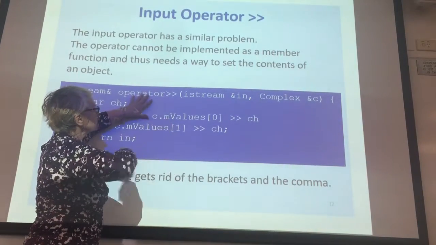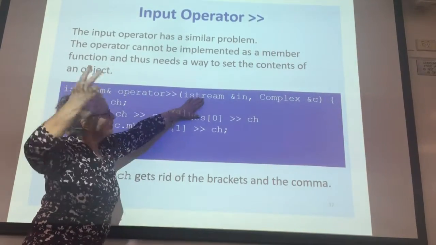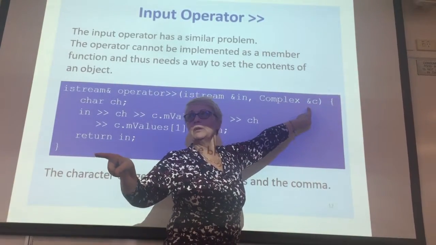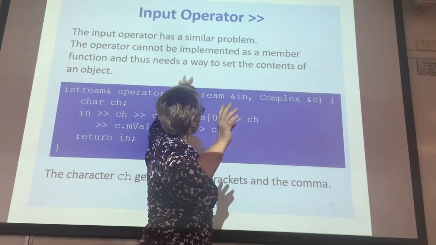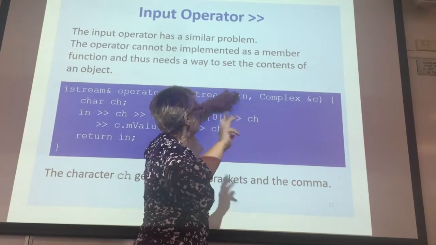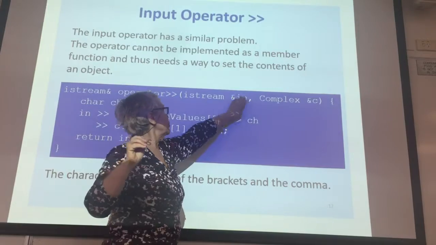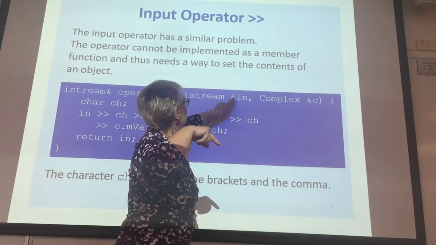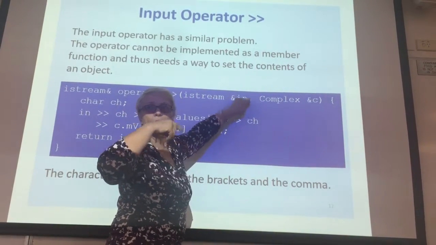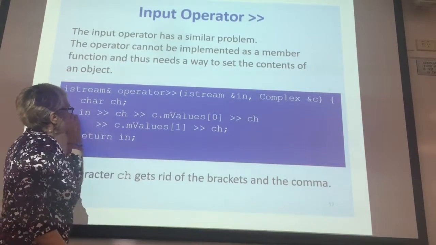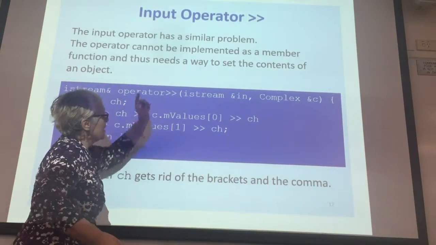And then the parameters are in general two types only. The first parameter is related to the input stream. So it's input stream by reference, because we are going to change the input stream as we read data.